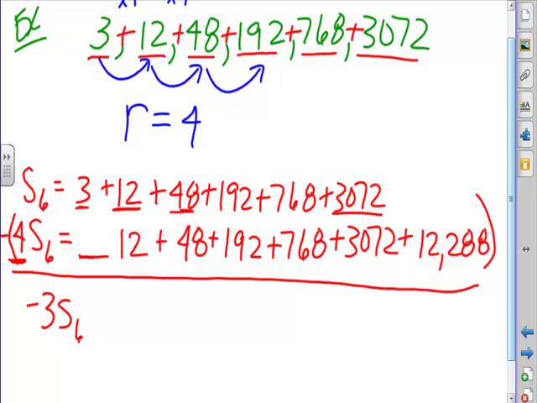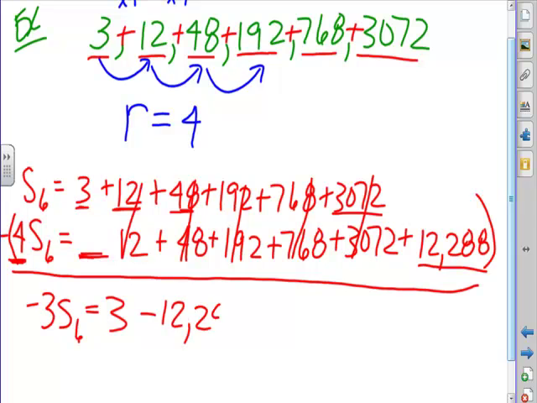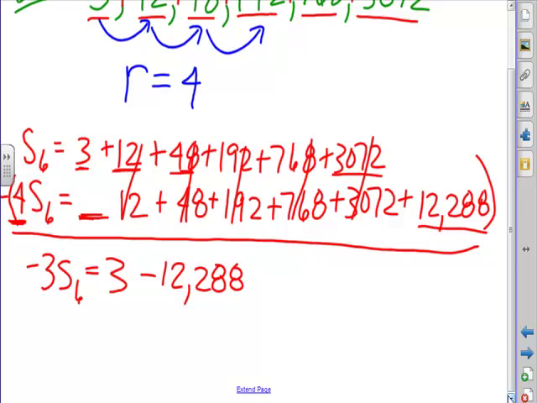I end up with this 3, because there's nothing sitting here to subtract. But then all these other positions are going to go to 0 when I subtract them out. Except out here, I'm going to have to subtract this 12,288. And so, if I come down here and finish my little algebra problem, it's 3 minus 12,288.